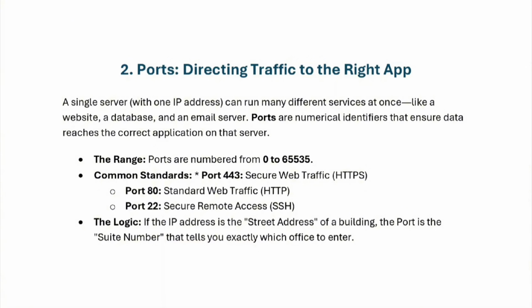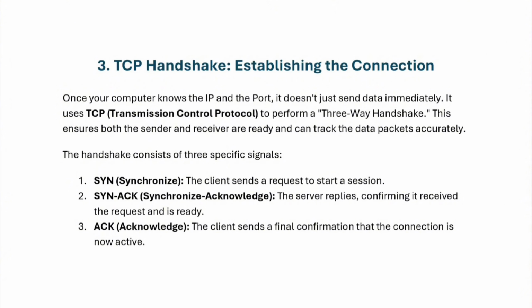The logic behind ports: if the IP address is the street address of a building, the port is the room number that tells you exactly which office or room to enter. Now let's understand what a TCP handshake is. Once your computer knows the IP and the port, it doesn't just send data immediately. It uses TCP, Transmission Control Protocol, to perform a three-way handshake.